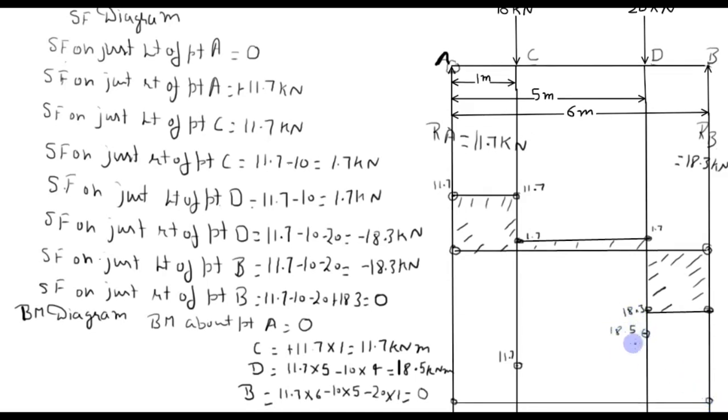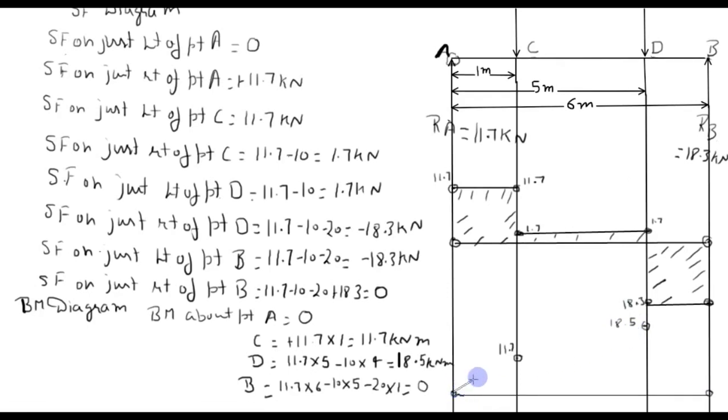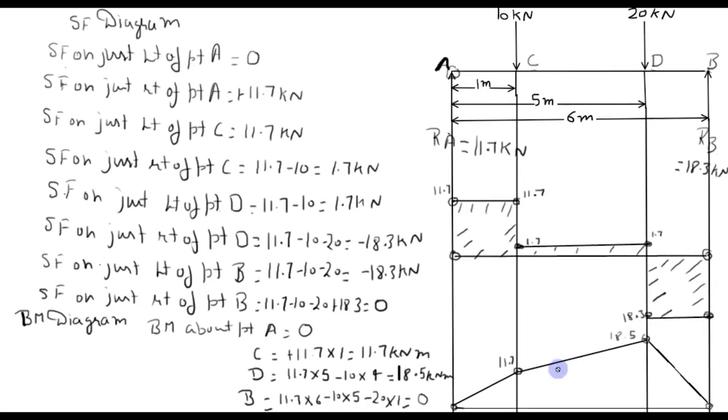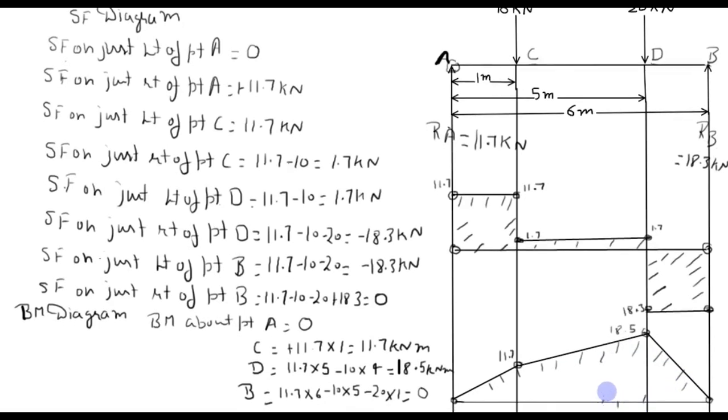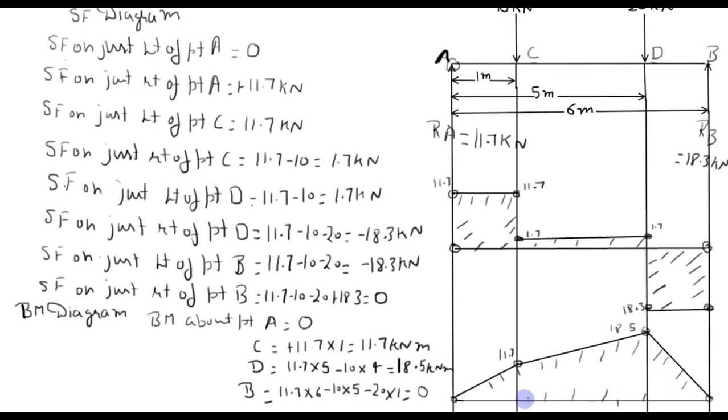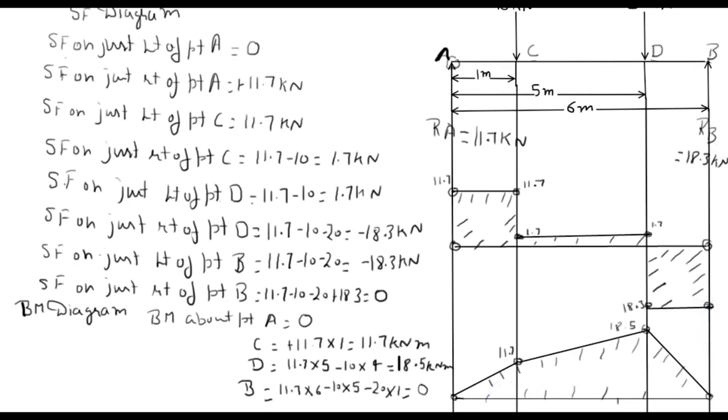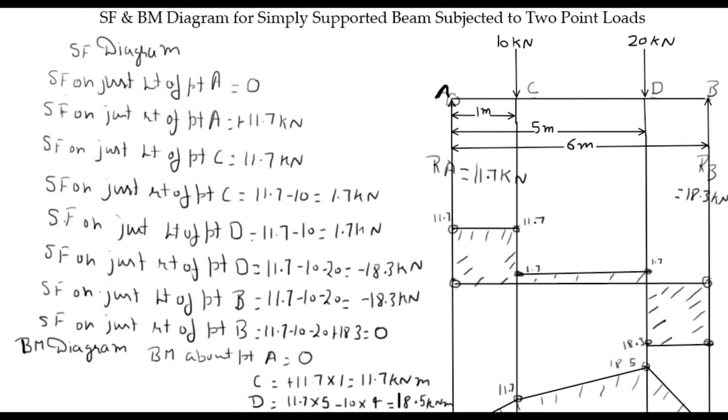So join all these points with straight line. So this is the bending moment diagram for a simply supported beam which carries 2 point loads.